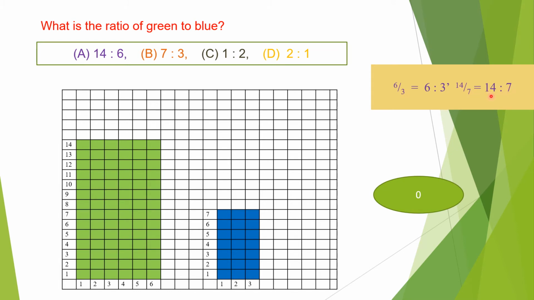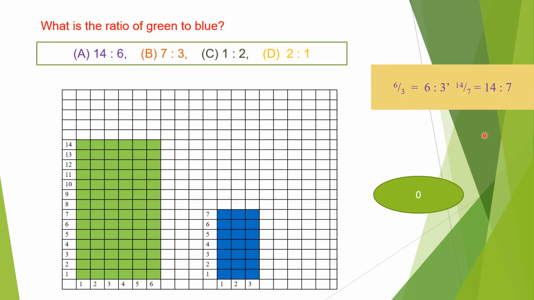This is the way that you would want to represent the ratio. This 14 over 7 or the 6 over 3 is just for clarity, to let you see exactly what happened. So this is written 14 to 7 because the green was written first and the blue was written second.